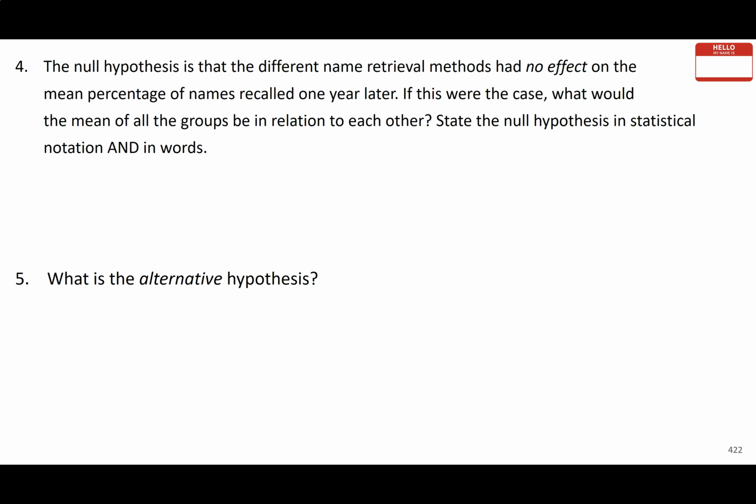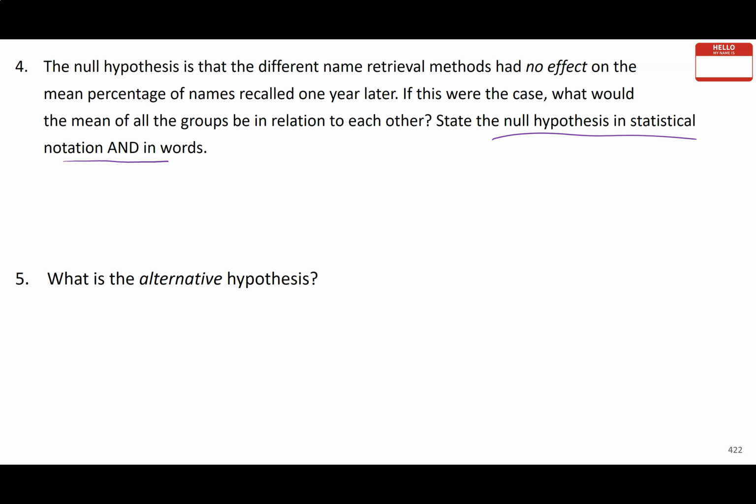So our null hypothesis here is the different name retrieval methods had no effect on the mean percentage of names recalled after 1 year. If this is the case, what is the mean of all groups in relation to each other? So it wants the null hypothesis in notation and in words.